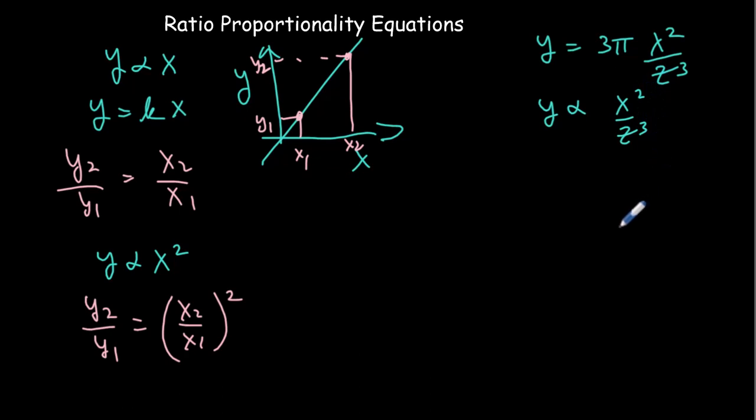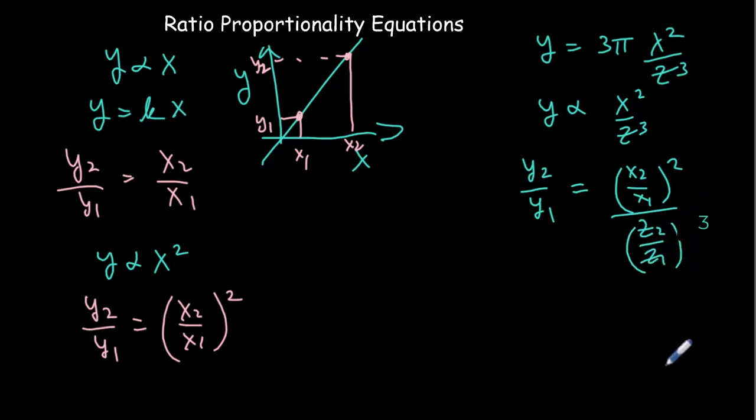And once again, we can write one of these ratio proportionality equations. That is that y2 over y1 will be equal to x2 over x1 all squared divided by z2 over z1 all cubed. And typically here, we would invert and multiply that divisor, so we would get x2 over x1 squared times z1 over z2, all cubed.